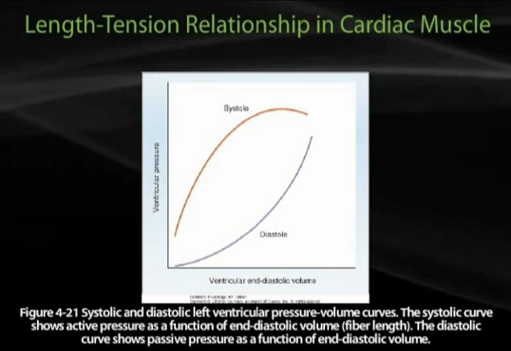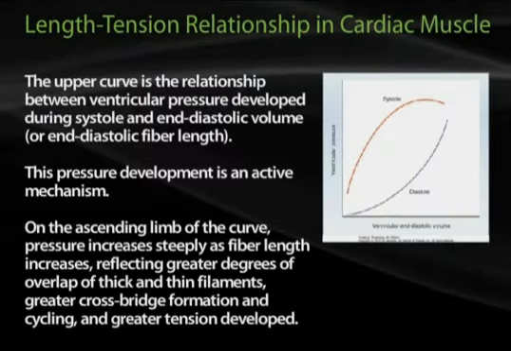The diastolic curve shows that as left ventricular end-diastolic volume increases, there is a diastolic pressure that occurs in the left ventricle passively. So actively during systole and passively during diastole, there are pressures generated at a given left ventricular end-diastolic volume.